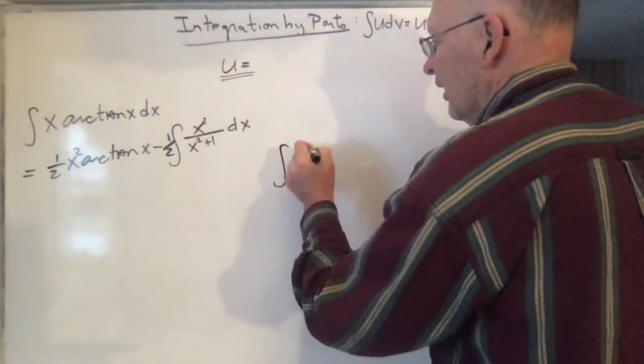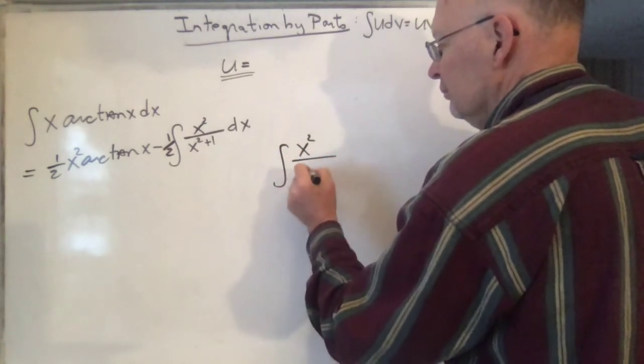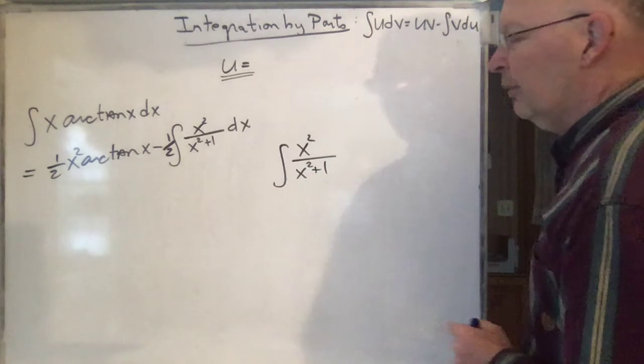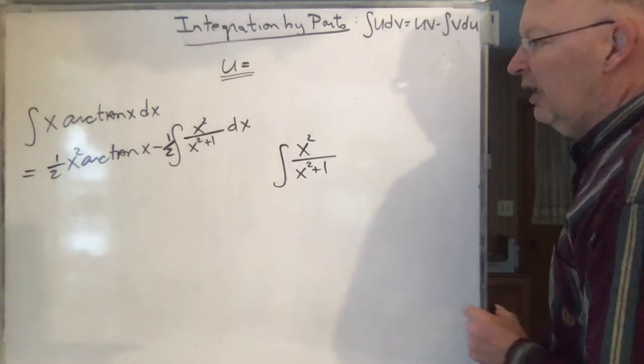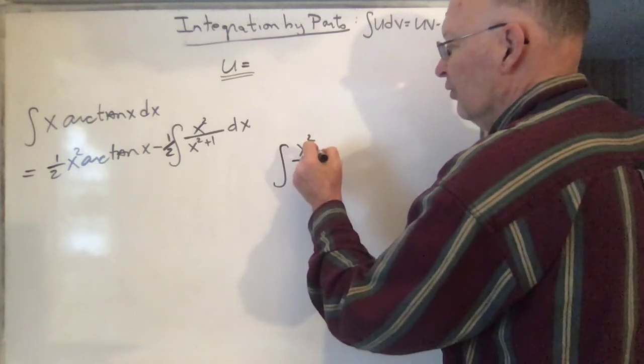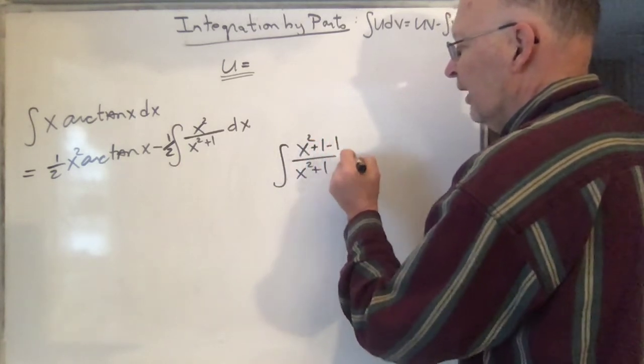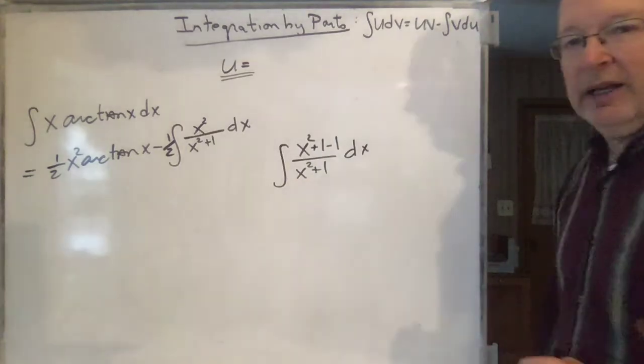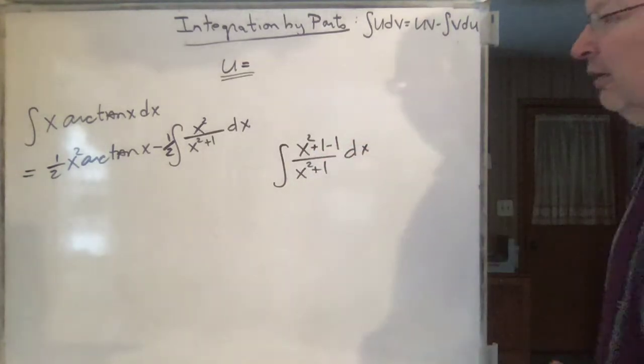Okay, you have this thing right here. That's what we're trying to find the antiderivative of. And here's what we're going to do. We're going to force the top to look like the bottom. So I'm going to add 1 and subtract 1. You agree I can do that? I just added 0.